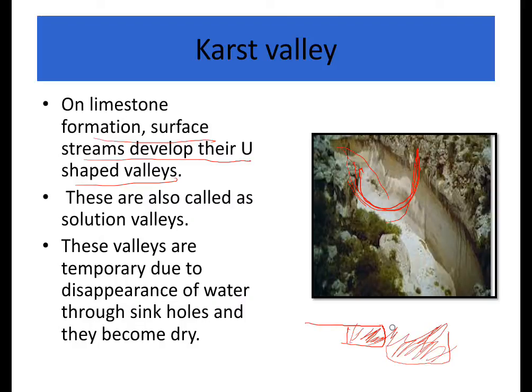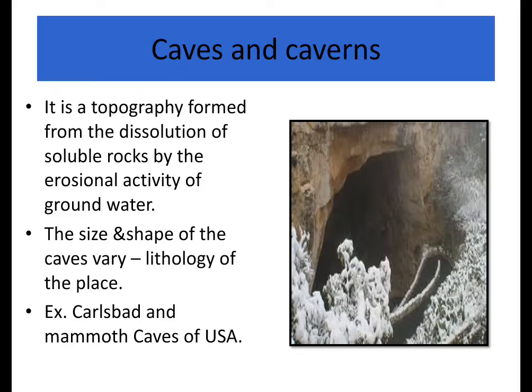When it is flowing, it develops, so this valley has developed. But here sinkholes develop, and because of that the water flowing on it just disappears into the sinkholes, and this region becomes dry. That's how this Karst Valley develops.